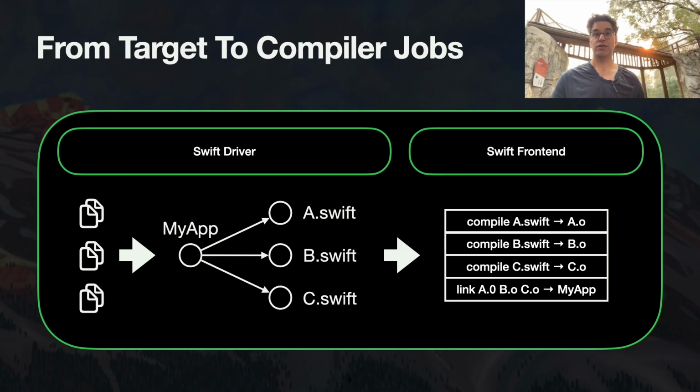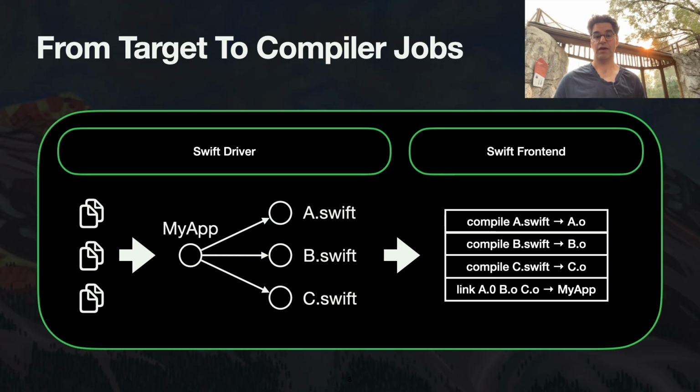It then moves to create a list of compiler jobs that have to be done. It orders the list in the correct way so that we go from jobs that have no dependencies to jobs that have dependencies, so that the outputs of those jobs have been put in place.